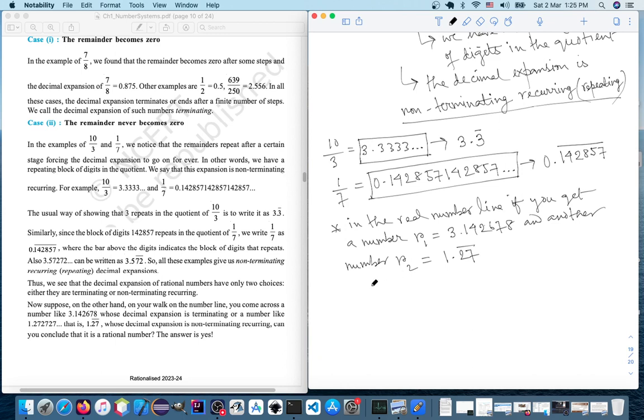Now, if you are given these two numbers, the question is, can you say that R1 and R2 are rational?